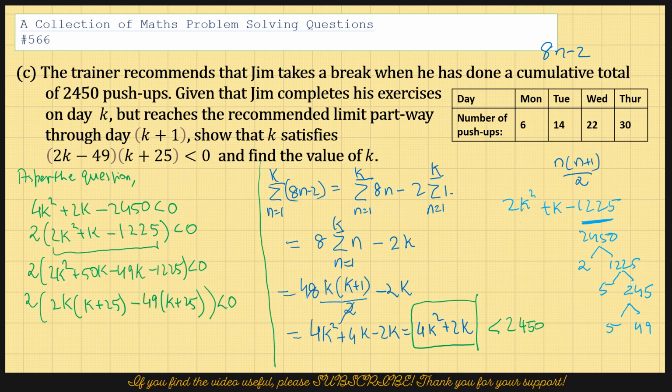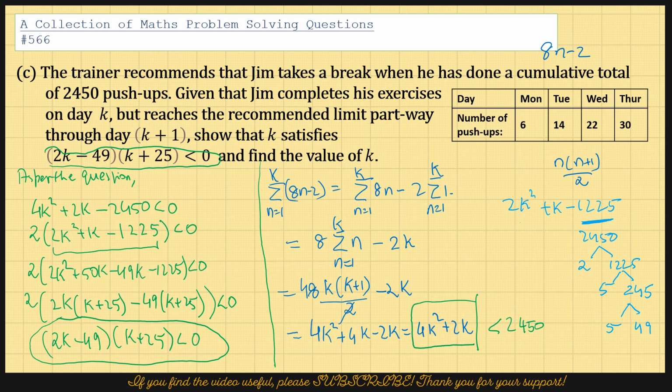With the 2 cancelling out, 2k minus 49 times k plus 25 is less than 0, and this is what is required.